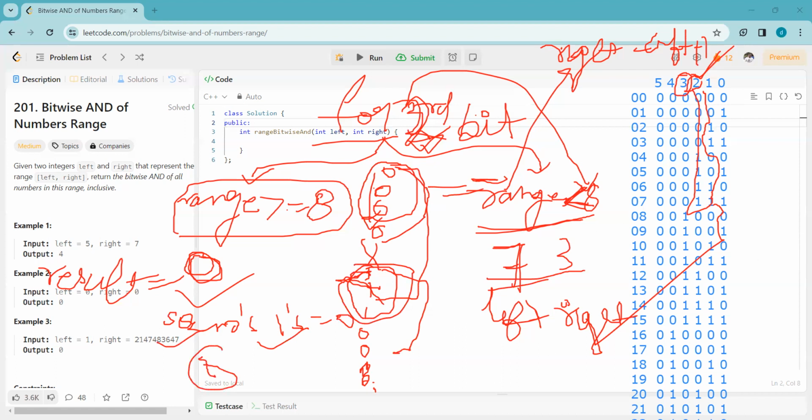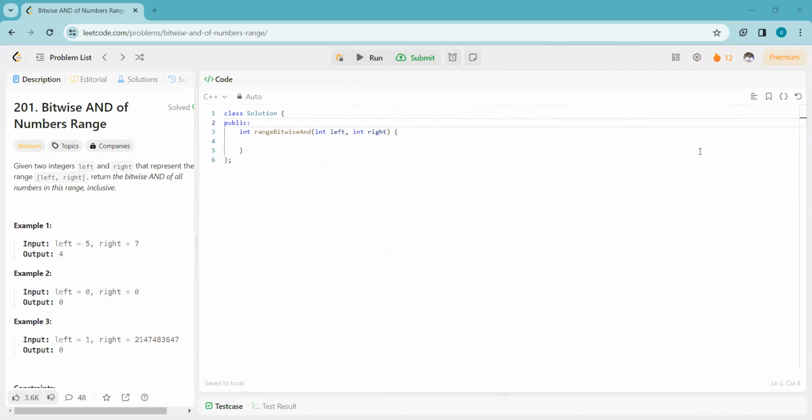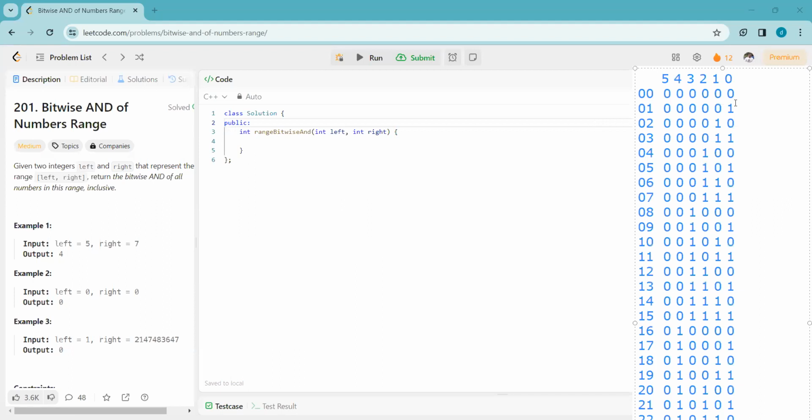So let's take an example for another bit position. So this is the 0th bit. We have looked into the second bit. Now suppose we look into the first bit position.